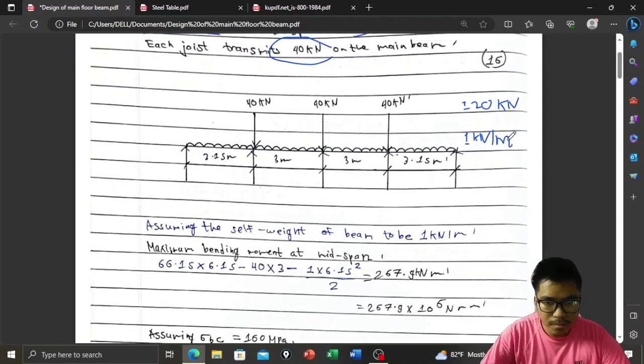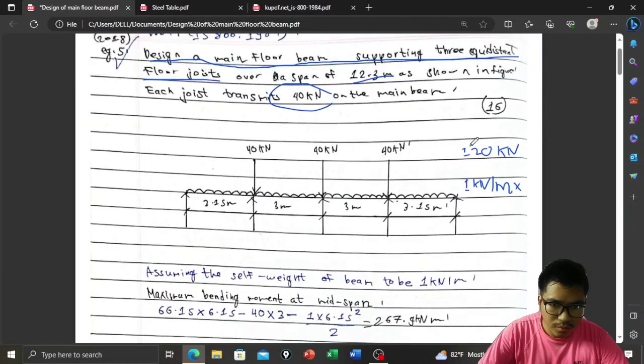So to convert it into load, we multiply by 12.3 meter. This meter and this meter cancel, so it is 1 into 12.3, that is 12.3 kN. So this is the point load and this is the self load.